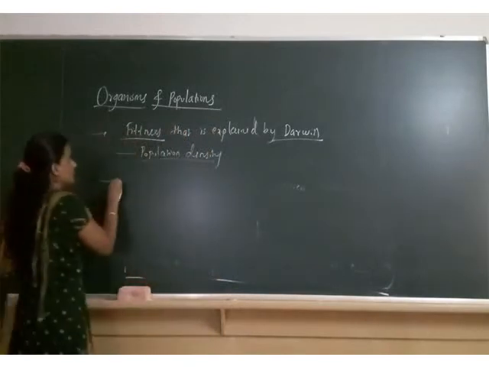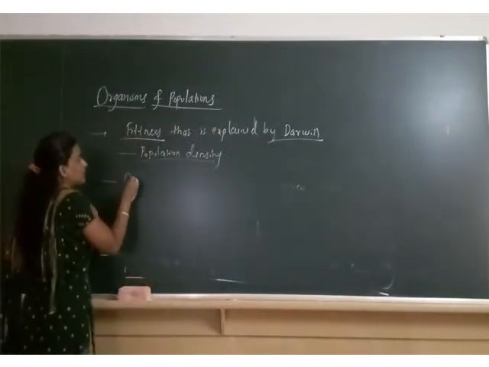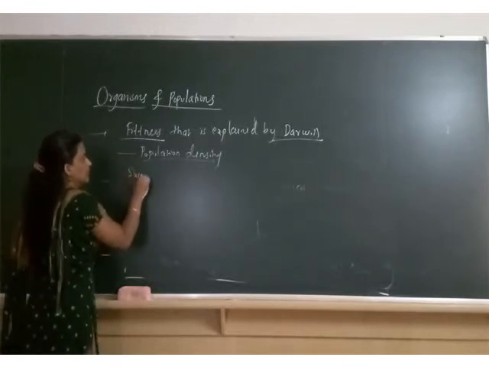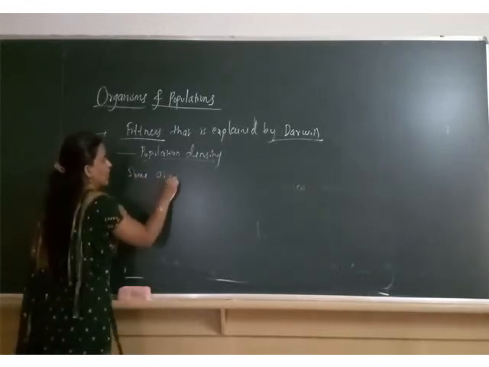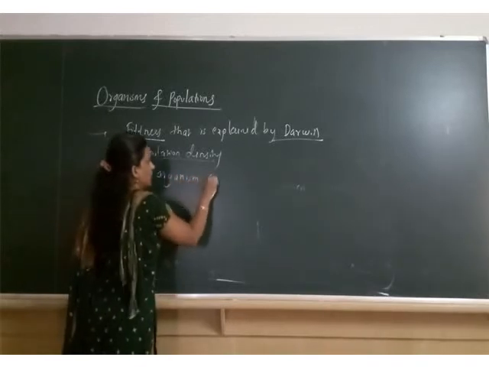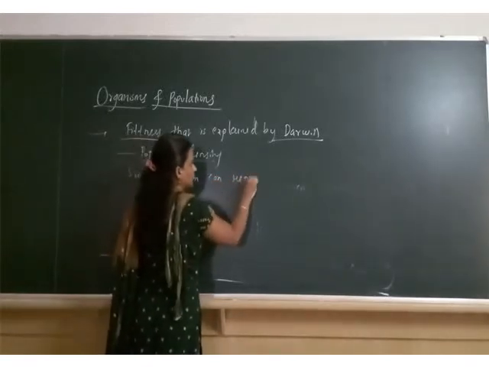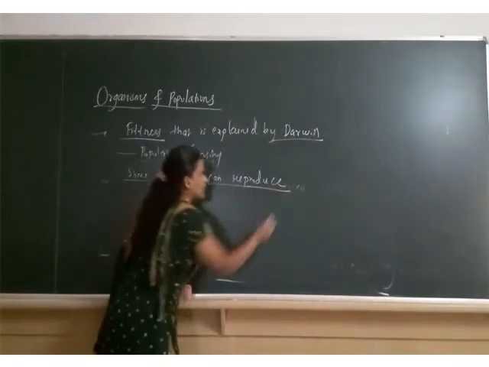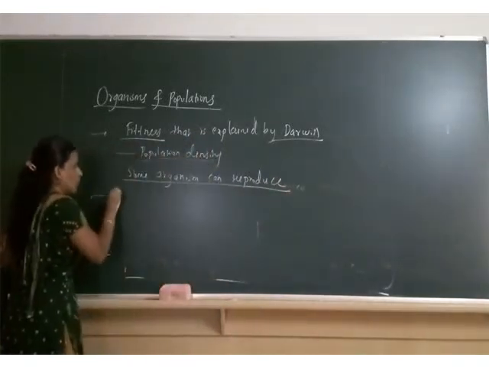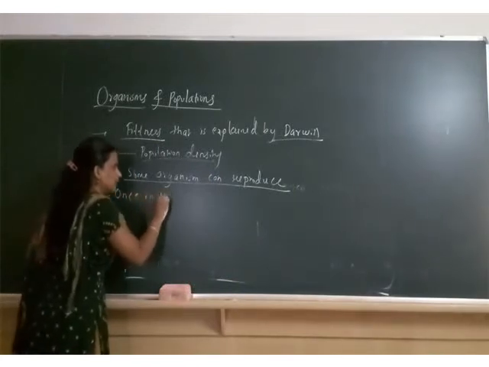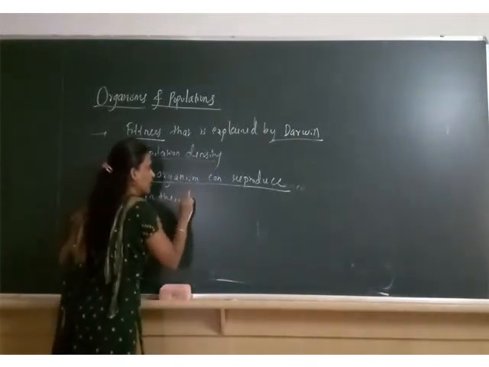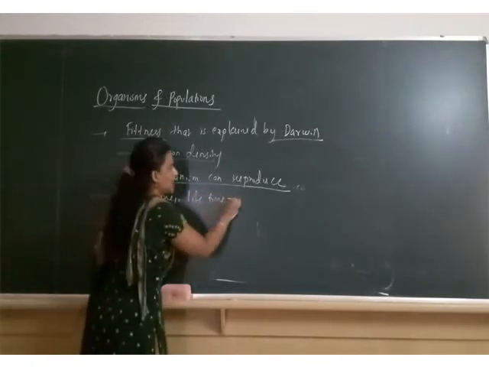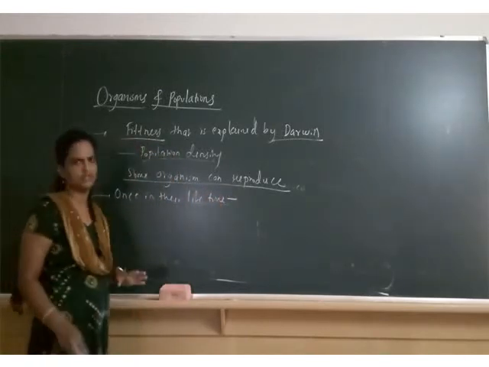Some organisms are going to reproduce once. Some organisms can reproduce once in their lifetime.